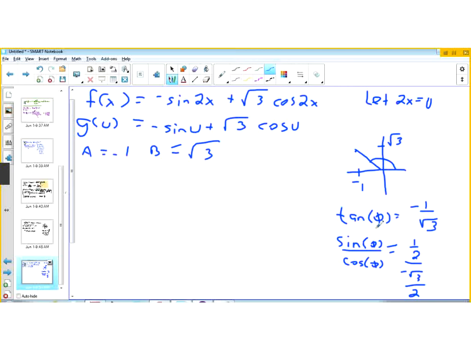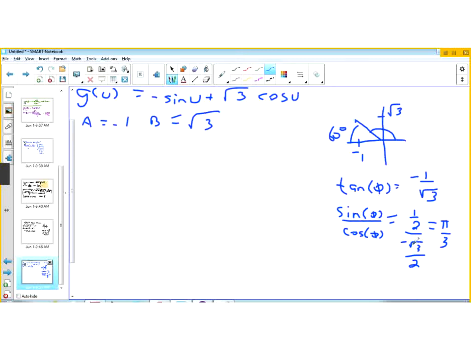That would be 60 degrees, right? So the reference angle would be 60 degrees. Okay, and so that would have to be pi thirds reference angle. In quadrant 2, this would translate to 2 pi over 3. Okay, so that's our angle. Phi is equal to 2 pi over 3.